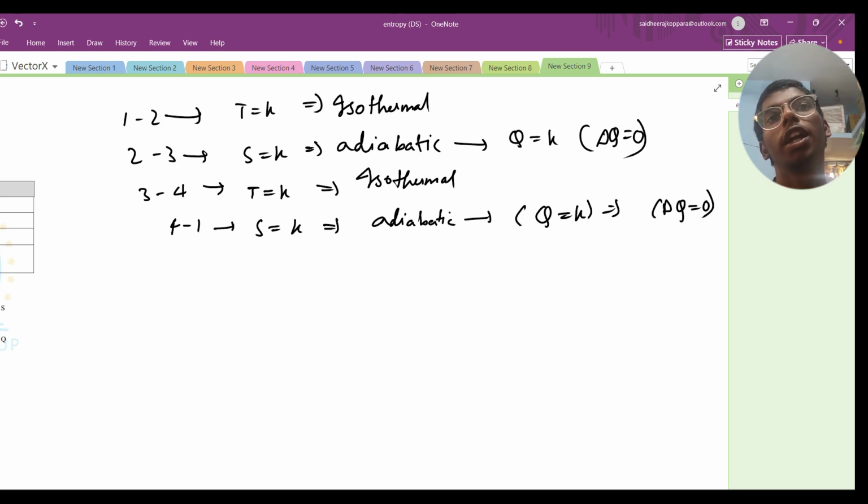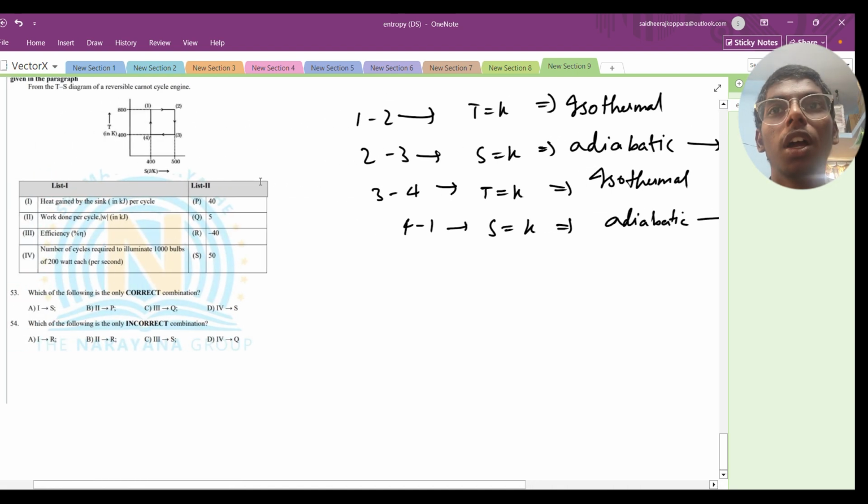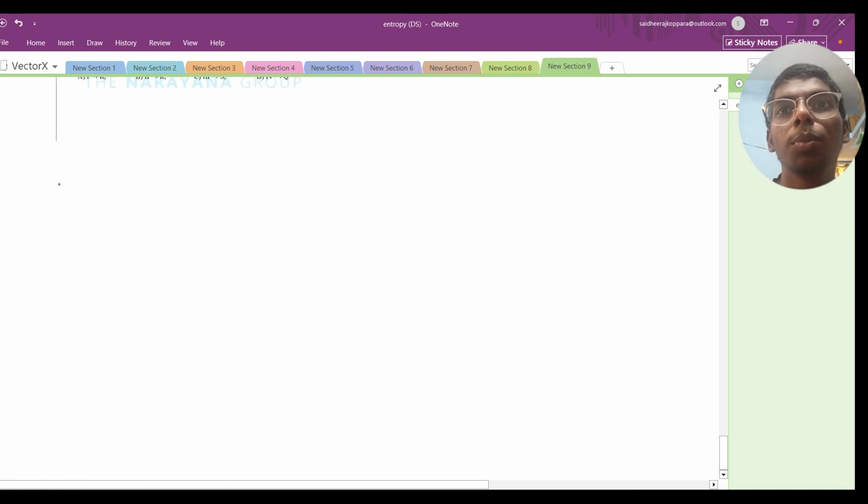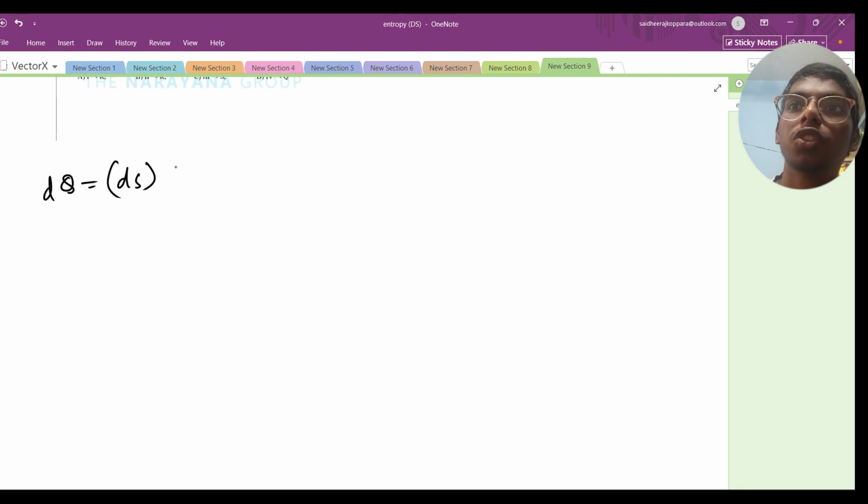In case of isothermal, you have the equation dq equals T ds, because temperature is constant here and entropy is changing. So the change in heat is this, right?